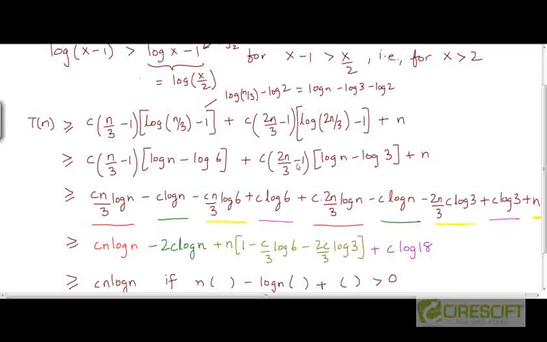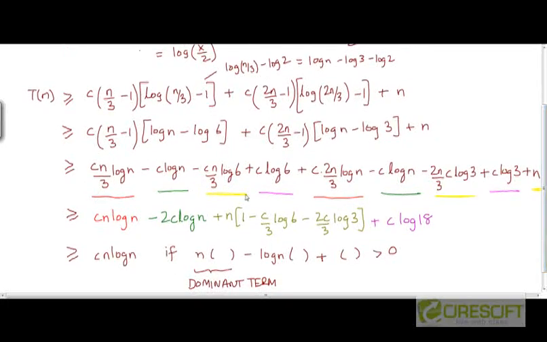If I take the second term here, which is minus c, and multiply it with log n, I'll get minus c log n. If I take the second term here, minus c, and multiply it with minus log 3, I'll get plus c log 3. So these are the 4 terms that will be formed by opening up these brackets and multiplying term by term. And then we'll have this plus n by itself at the end.